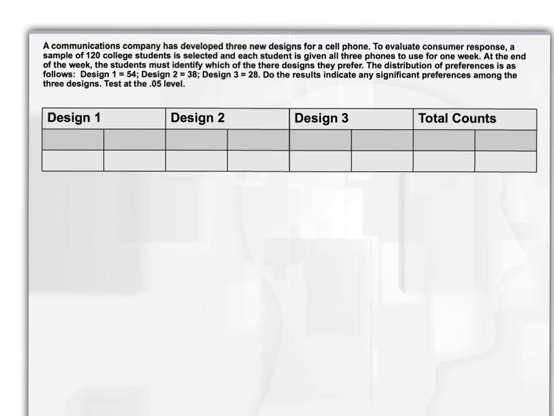Chapter 17 explains that there are two major types of chi-square tests where we're using nominal data or frequencies to do a particular type of analysis. One type of chi-square test is called a goodness of fit test, and the other type is called a contingency table analysis or a test of independence. The goodness of fit tests come in two varieties.